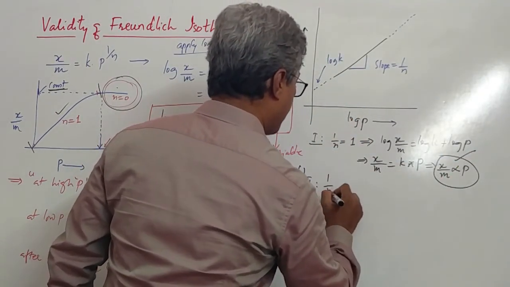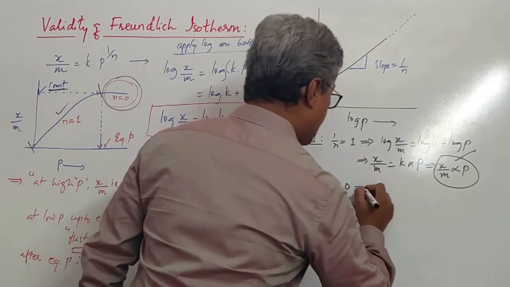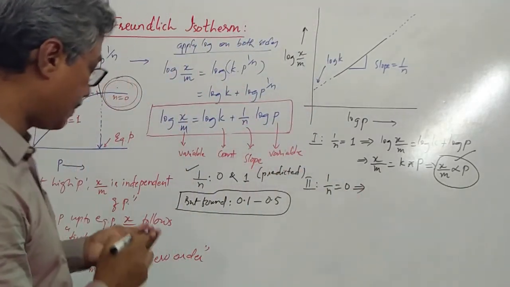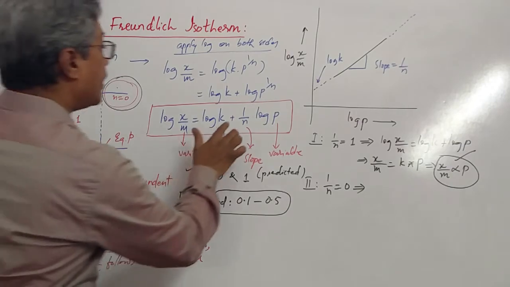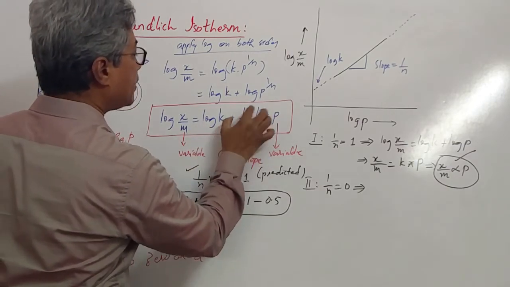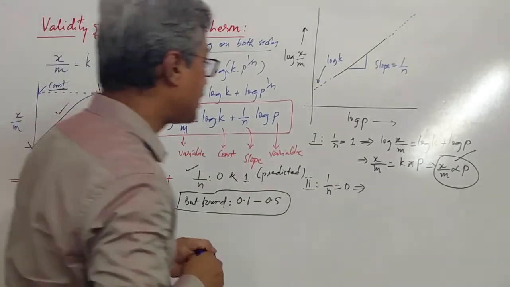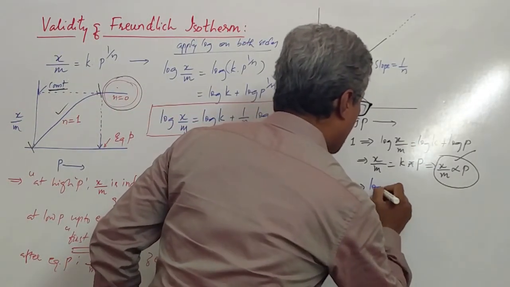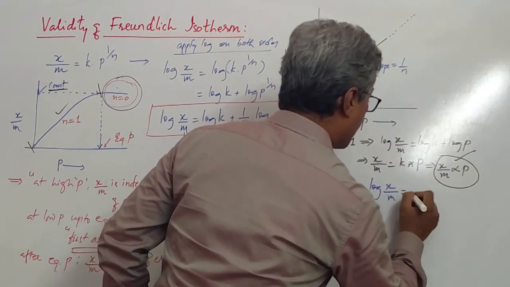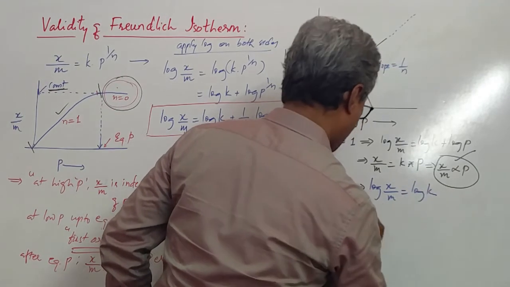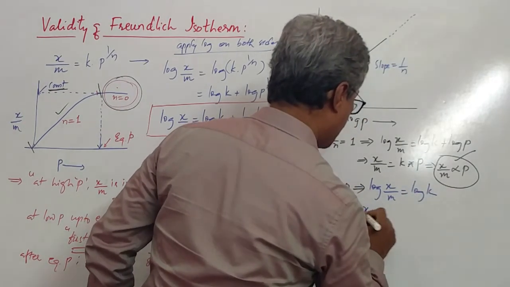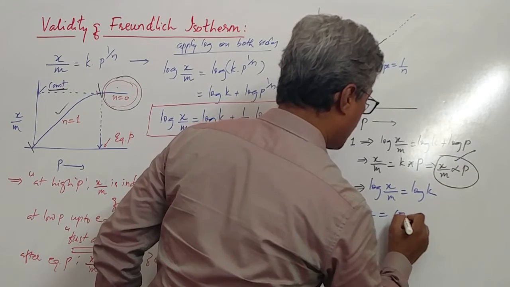When 1 by n is 0, see students, this term will be 0. That means log of x by m will be equal to log of k. Or this implies that x by m is constant.